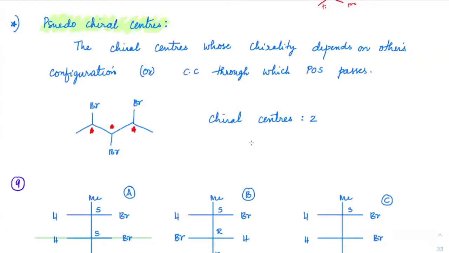So we will call this kind of center a pseudo-chiral center. Otherwise, if you simply ask for chiral centers, and nothing like configuration is mentioned, you will take these two only.